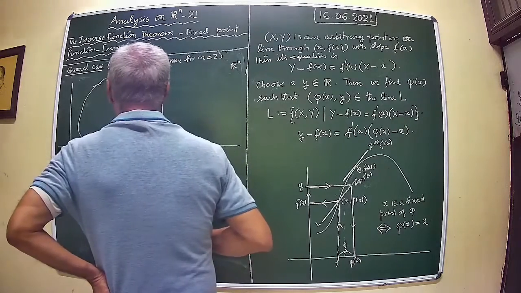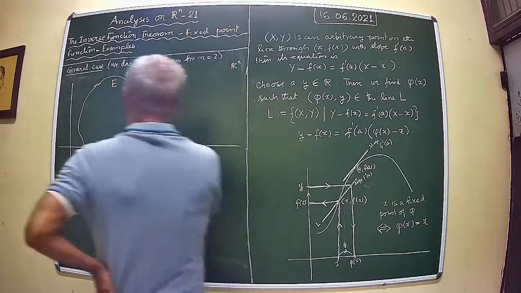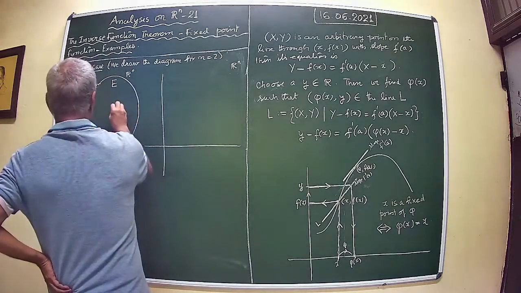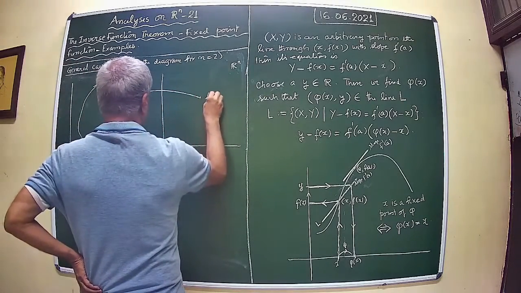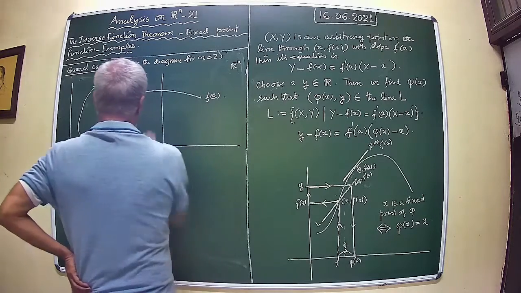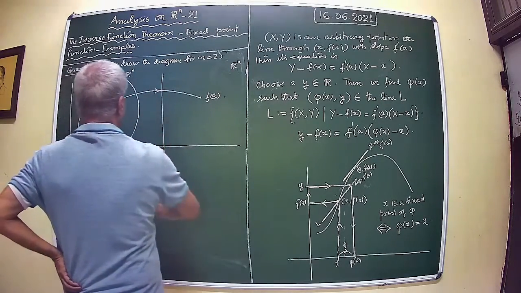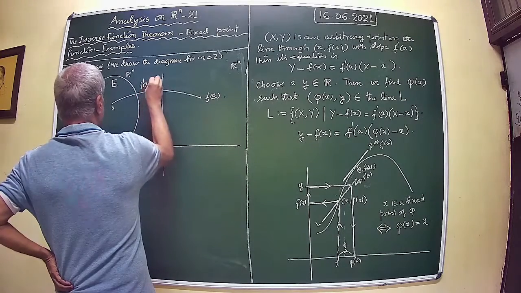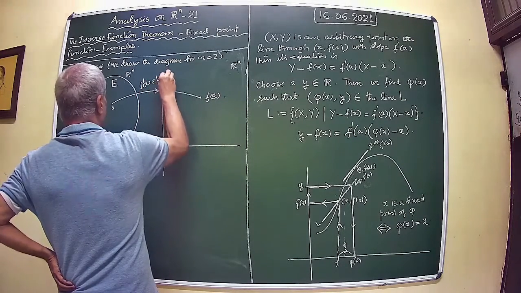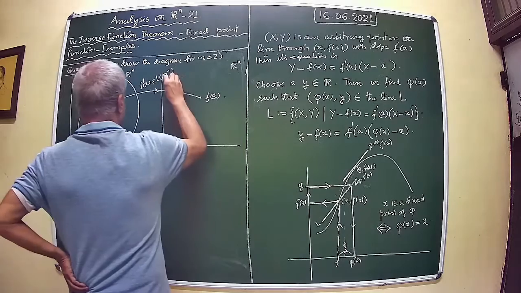And from E, you have a point A, with F dash A invertible.